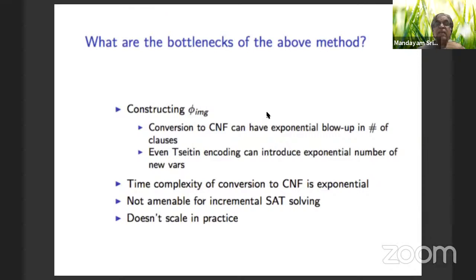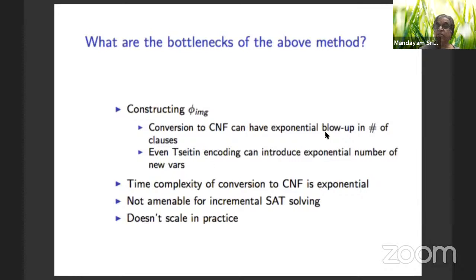But obviously there are problems. We've already talked about this. Constructing the phi image and its conversion to CNF can have an exponential blow up in the number of clauses, even when you use that encoding that I talked about in the SAT lecture.